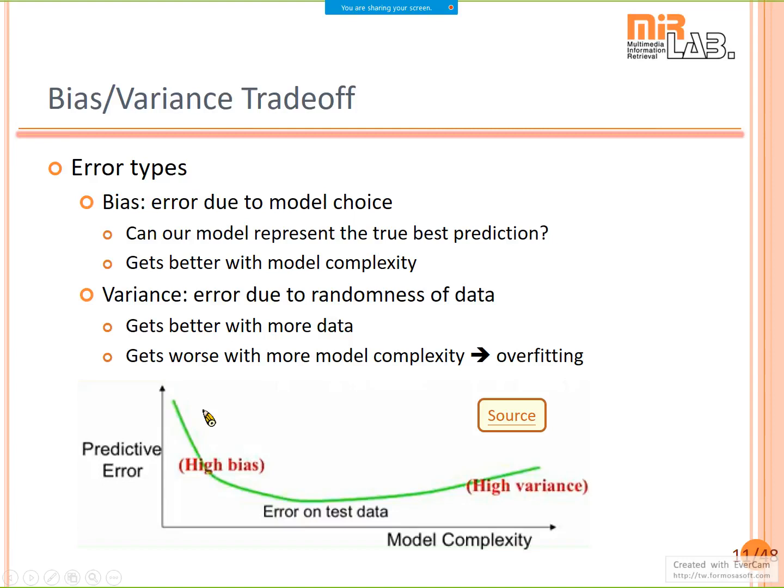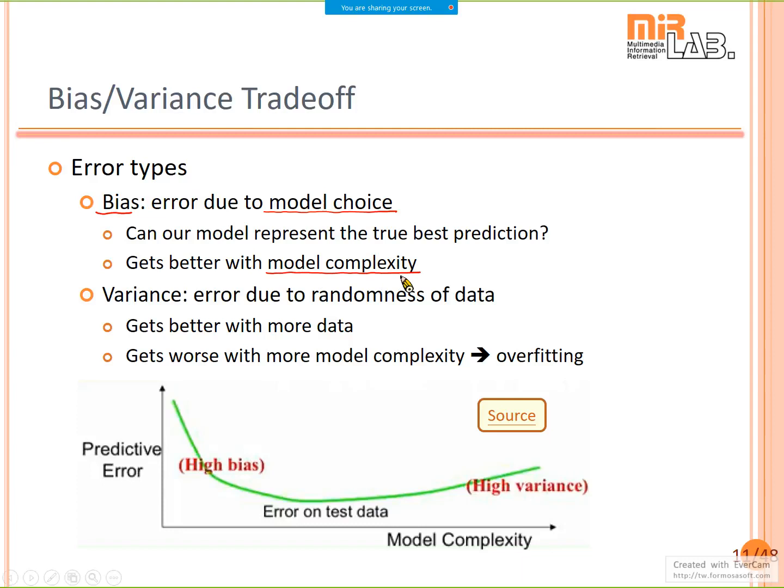So we need to mention another notion, the bias and variance trade-off. When you are fitting a model, there are two types of error. One is bias. Bias is the error due to model choice, due to the incapability of the expressive power of the model. So in order to reduce the bias, we can use models with higher complexity.